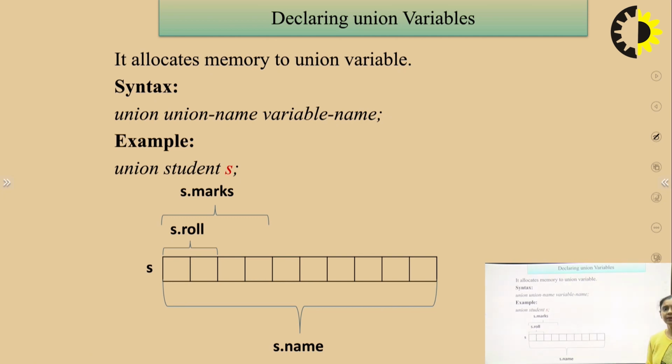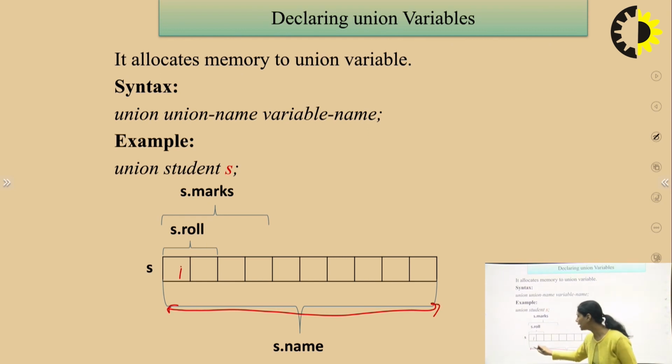Now, the main difference comes in the memory that is allocated to the union variable. If we look back at structures, a separate memory allocation was made for roll number, for age, and for marks and name. But here, the member that takes the maximum memory determines the memory allocated to the union, and that will be shared by all the data members.